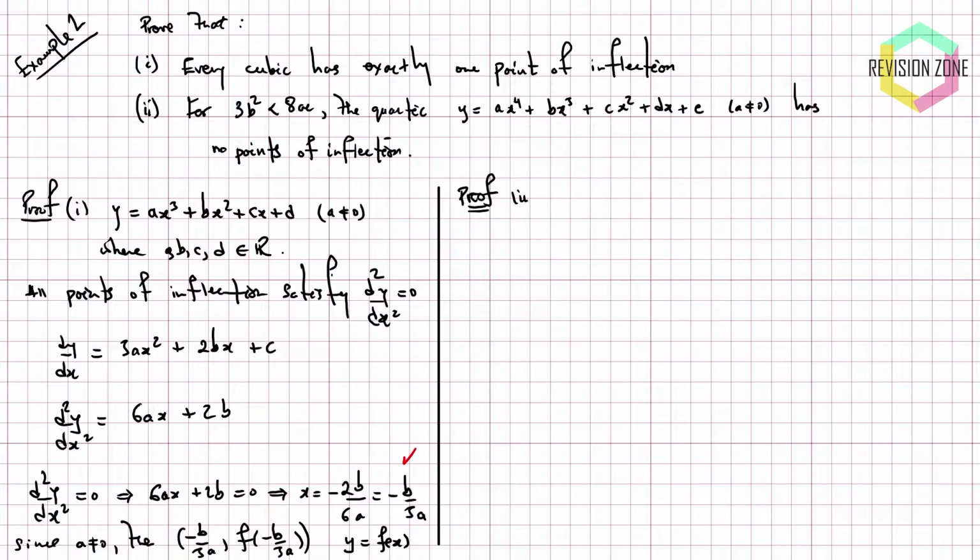And of course, in this case, we're working with a quartic. So our equation is ax to the 4 plus bx cubed plus cx squared plus dx plus e, where again a is not 0 because otherwise we don't have a quartic anymore, and where all these coefficients are real numbers.